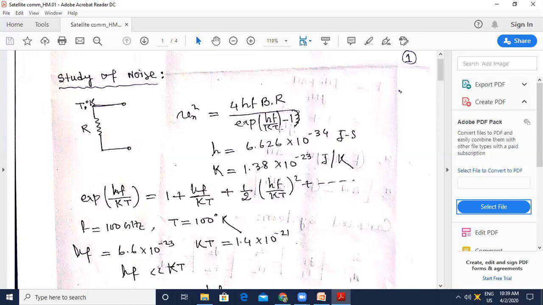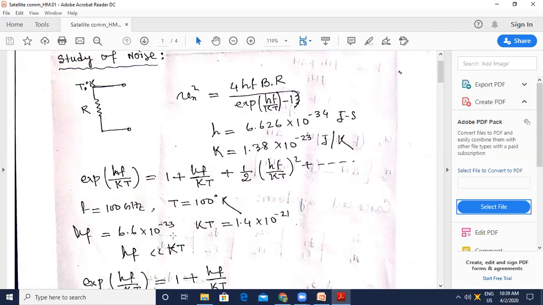So if we expand this exponential term, exponential of HF upon KT, it looks like this. Under the consideration that frequency is 100 gigahertz and the temperature is 100 Kelvin, HF is 6.6 into 10 to the power minus 23 and KT is 1.4 into 10 to the power minus 21. So HF is less than KT.